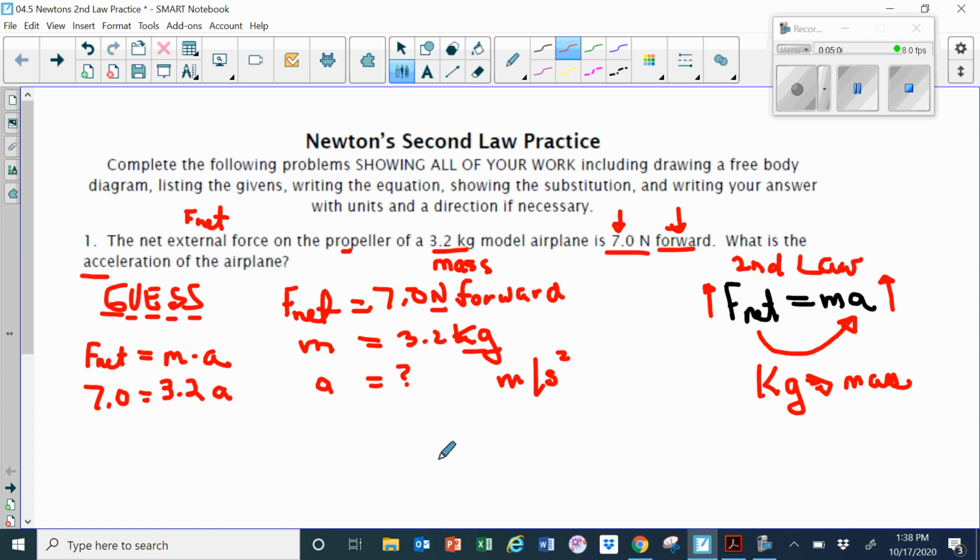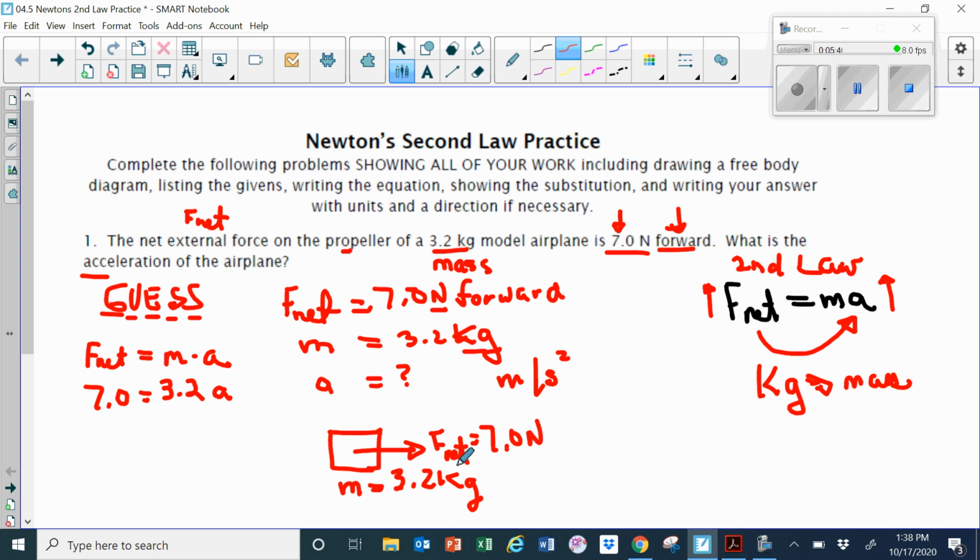One thing I didn't do that I should have done earlier, I'll do now: I haven't drawn a free body diagram. So we have the propeller of a model airplane, and the airplane has a mass, m, of 3.2 kilograms. And there is a net external force. It's not applied, it's F net, equal to 7.0 newtons.